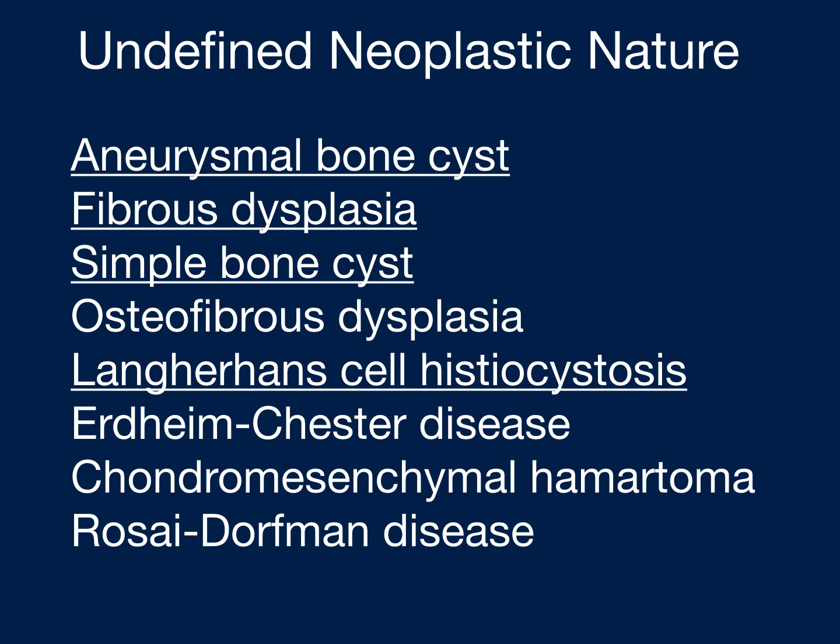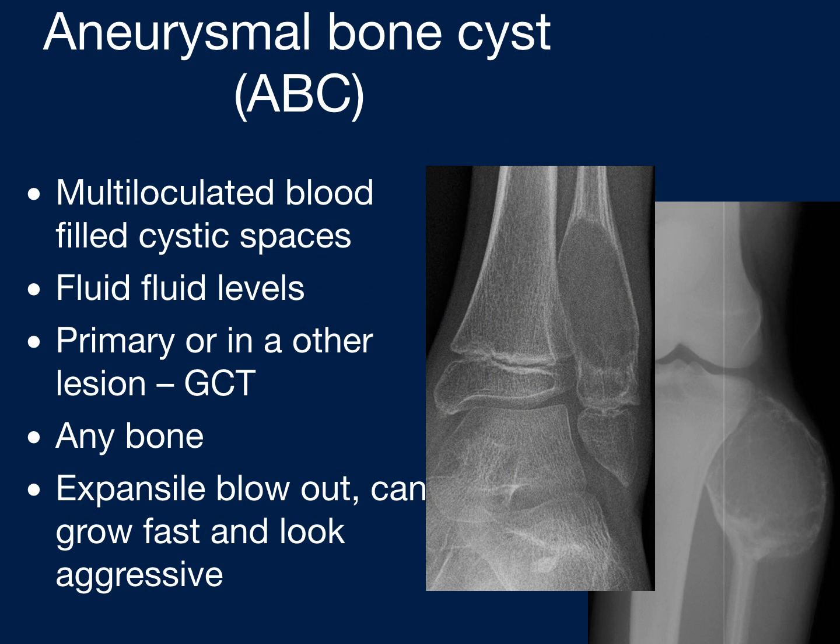The undefined category contains quite a few tumor types, including the following, of which I'm going to cover the underlying ones: aneurysmal bone cyst, fibrous dysplasia, simple bone cyst, and Langerhans cell histiocytosis. Now we're on to the intermediate, locally aggressive category of tumors of undefined neoplastic nature. Aneurysmal bone cysts are thought to represent non-neoplastic lesions related to venous obstruction or an AV fistula.